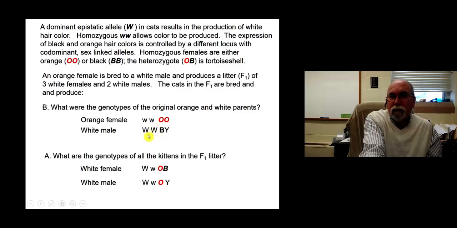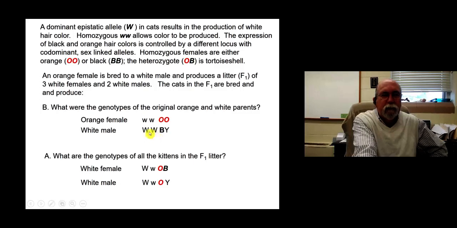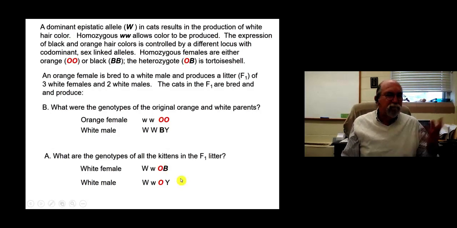So our best guess is that he was homozygous, and most parentals, remember, we do Mendelian crosses, they tend to look like that, okay? And you had to get a B down here. Well, she didn't have a B to give, this orange female, so you had to do it that way, all right? All right. Excellent. Simple. I mean, it looked terrible at first, but it was really straightforward.